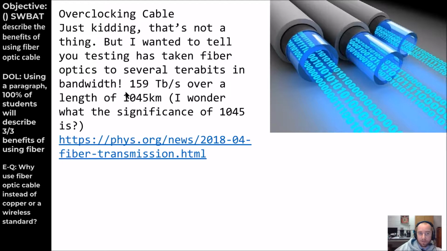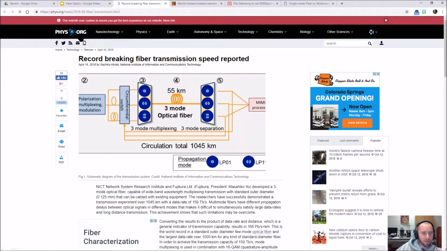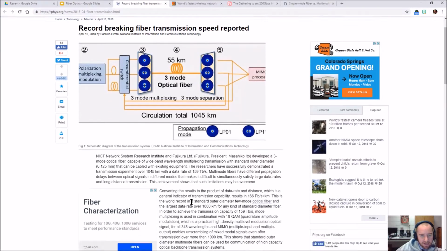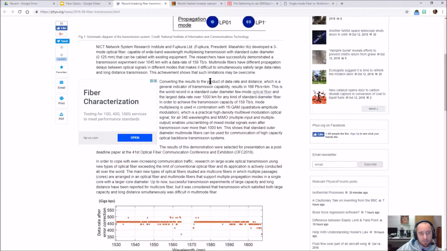And in fact, research has shown that we can get up to 159 terabits a second over a length of 1045 kilometers. I don't know why it's 1045 and not just 1,000 kilometers, but going to this link, this seems like one of those websites that'll be a bit over my head. But after reading information on this link, I'm pretty impressed with how fast we can transmit data.